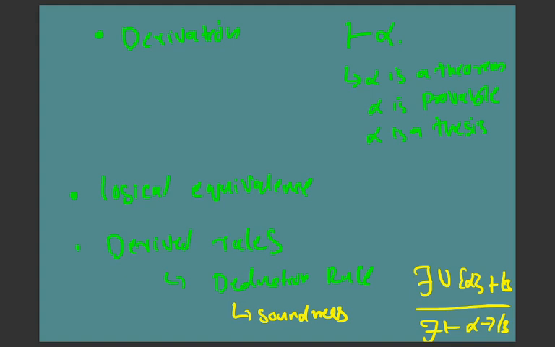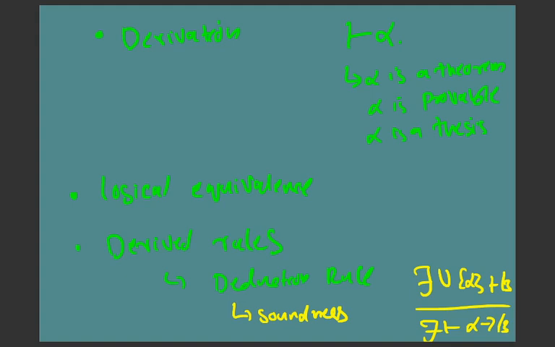One of the most important rules is the deduction rule, which says that if I want to prove alpha implies beta from a collection of formulas F, then it is good enough to prove that F union alpha proves beta. So if F union alpha proves beta, then it is equivalent to saying that F proves alpha implies beta.